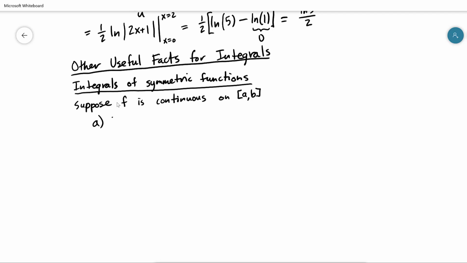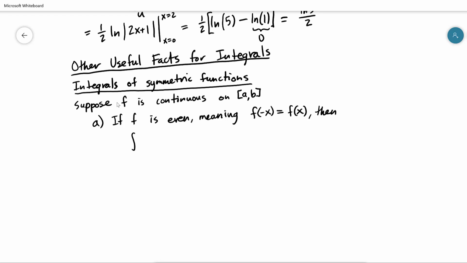Say part A. If f is even, meaning that f of negative x is the same as f of positive x, what is this integral going to be?